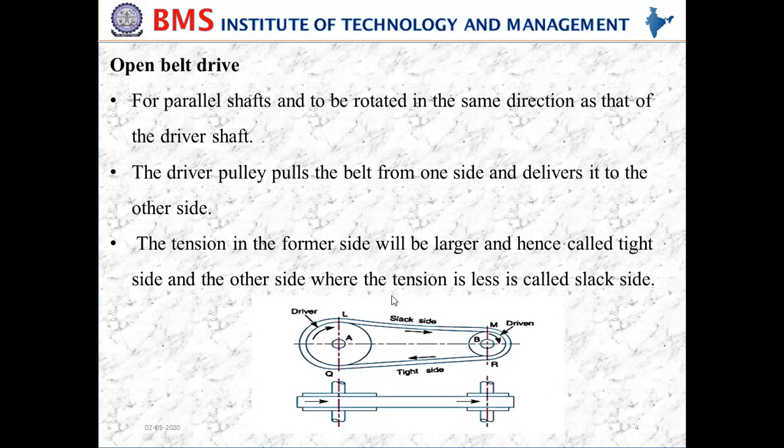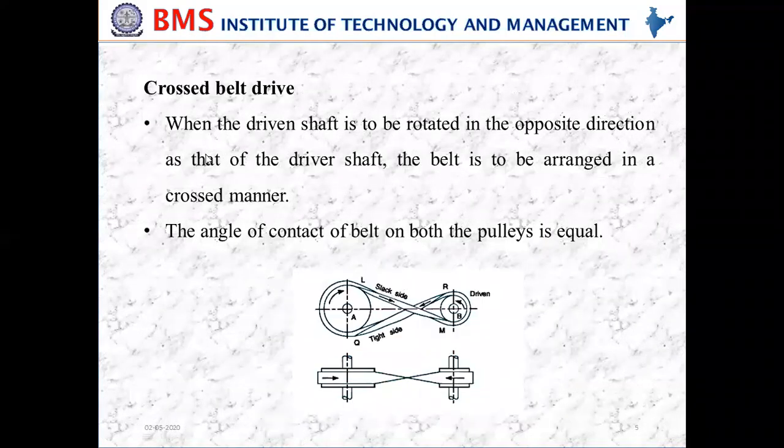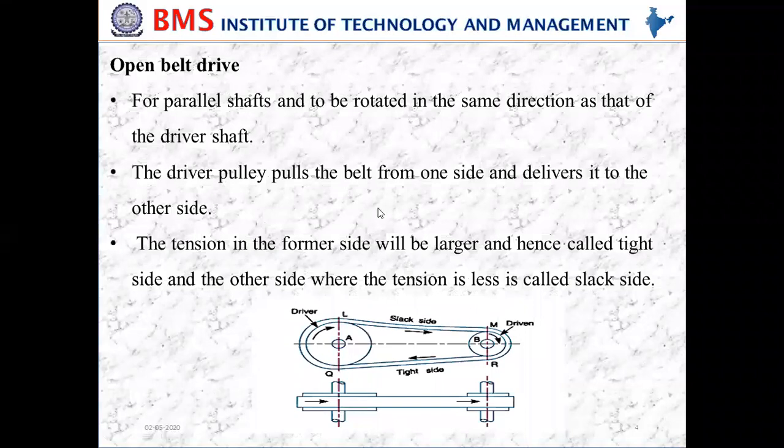Then one more drive is called the cross belt drive. Here also I'm using a flat belt only. And very importantly, in the case of the open belt drive, if you look at the driver pulley and the driven pulley, both are moving in the clockwise direction. So when you want to transfer motion in the same direction, I can go for the open belt drive.